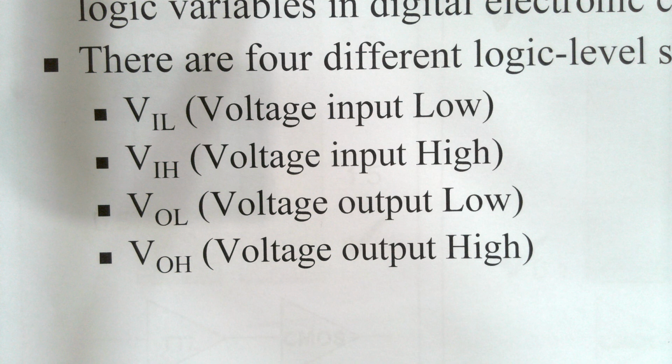So there are 4 different logic levels, and I'm going to present them to you in sequence. The first is VIL, which is voltage input low. VIL is more or less the range of voltages such that if any voltage within that range is placed on the input of the technology, it would be interpreted by the technology as a logic 0.